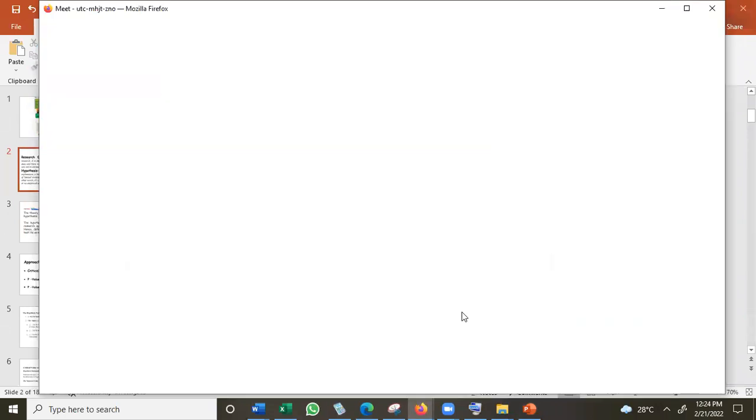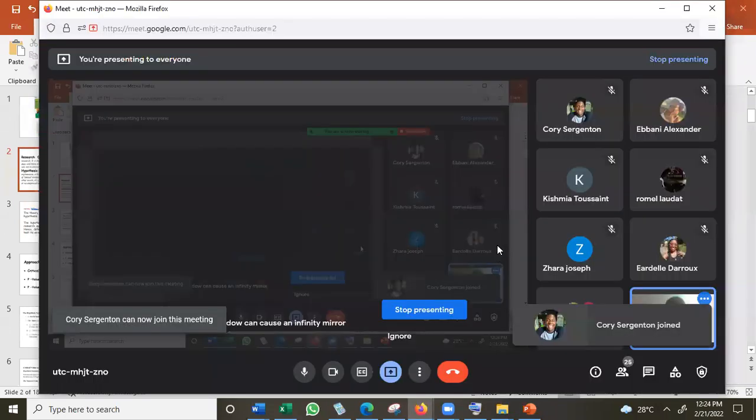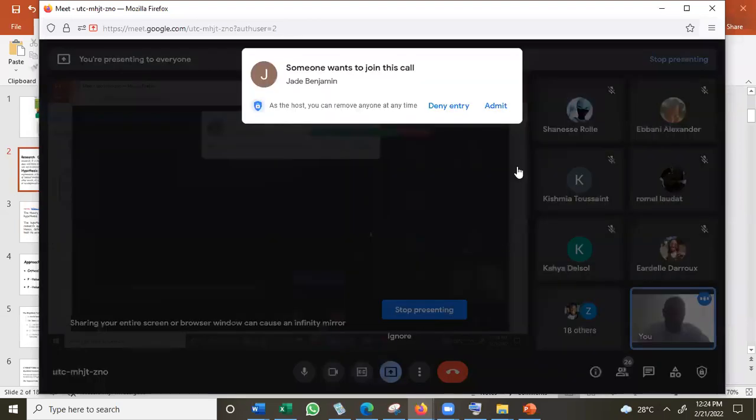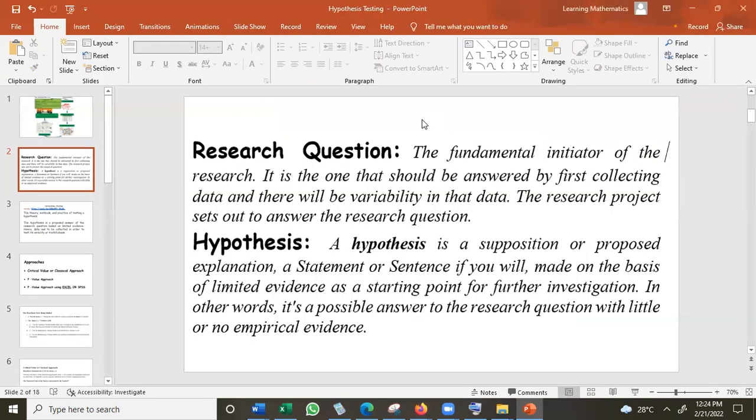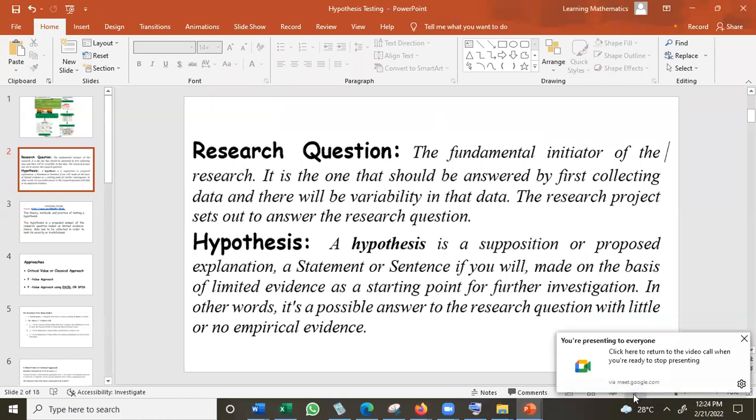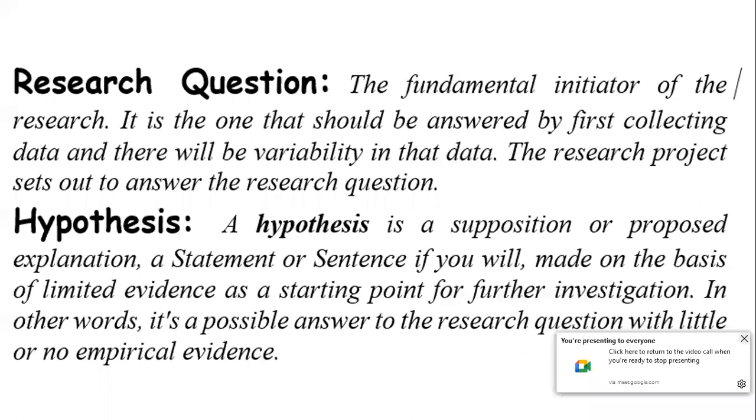Now, seeing that the hypothesis is a possible answer to the research question with no empirical evidence, we're not really sure if that hypothesis is the correct answer.